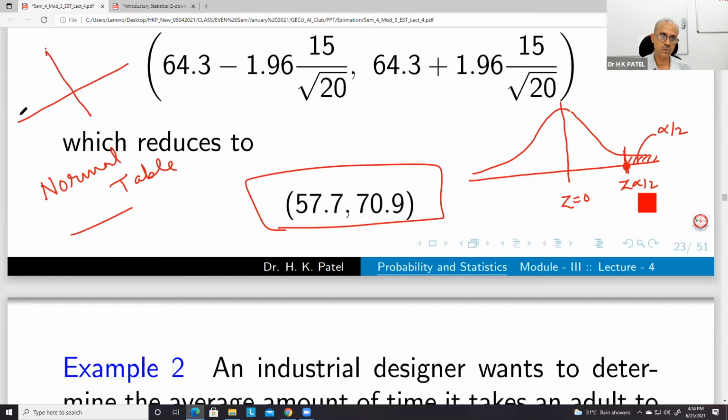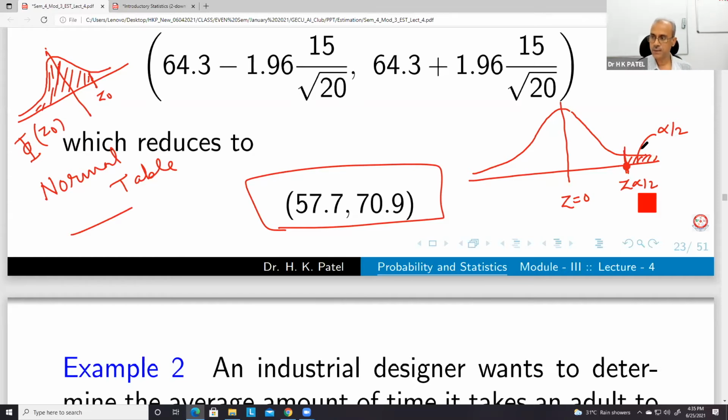The one which we use here in these PPTs is such that, for example, if this number is Z0, then phi Z0 is actually this area, the cumulative distribution. All right. So I want the area to the right, and that area should be alpha by 2.